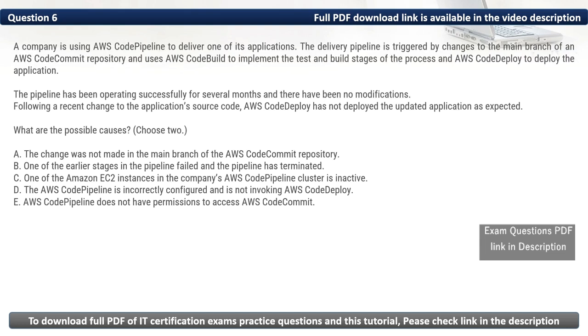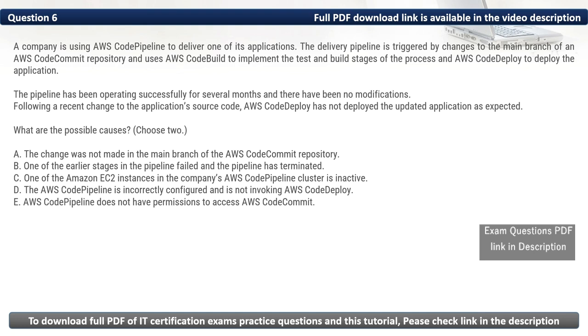Question 6. A company is using AWS CodePipeline to deliver one of its applications. The delivery pipeline is triggered by changes to the main branch of an AWS CodeCommit repository and uses AWS CodeBuild to implement the test and build stages of the process, and AWS CodeDeploy to deploy the application.